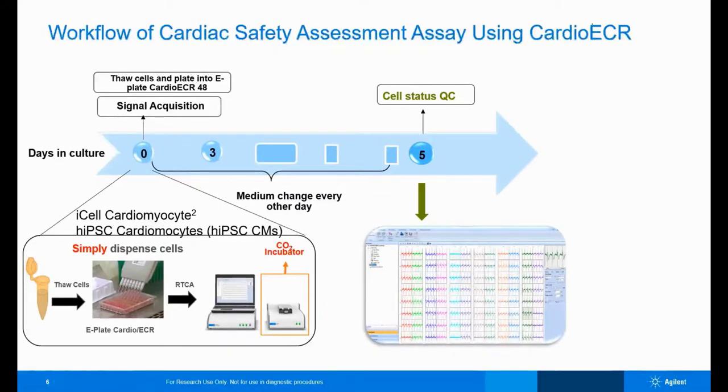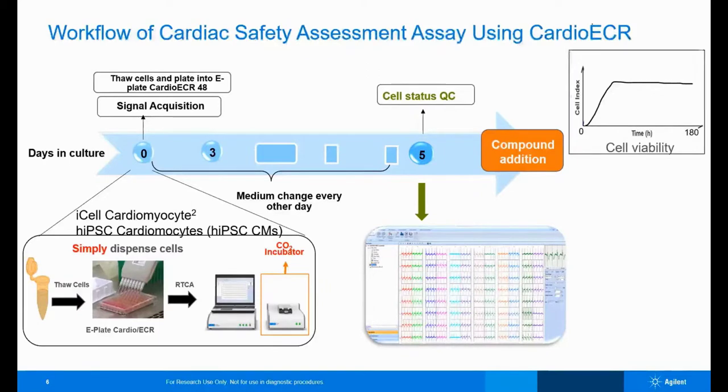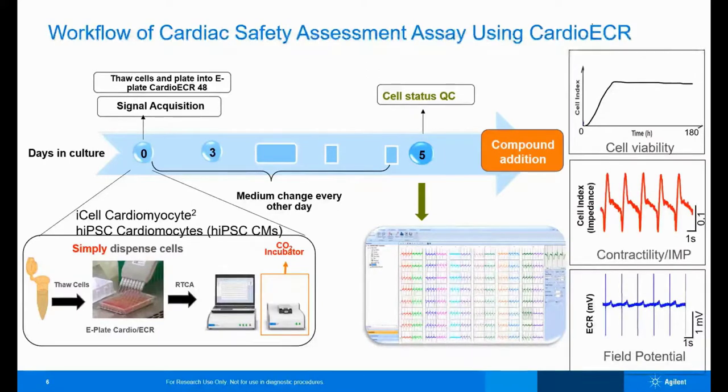The reason is that we want to make sure the cells generate very robust and consistent signals before compound addition. If the cells pass the QC, the next day we add compound, and cell viability, contractility, and electrophysiology are evaluated from the same cell population.